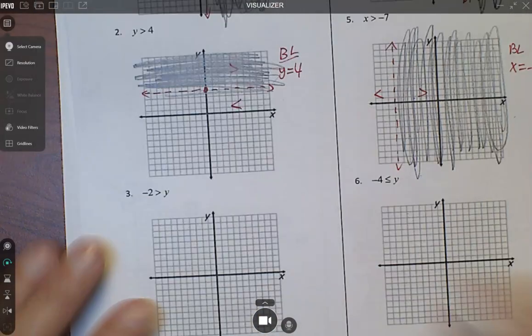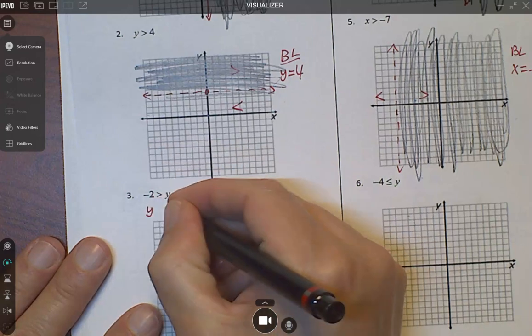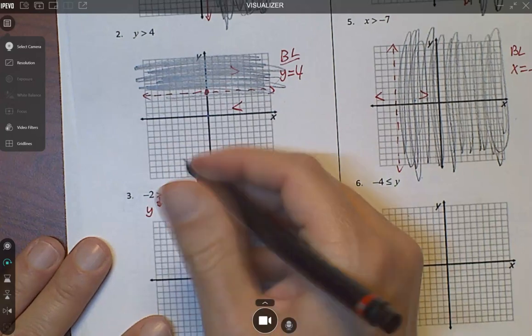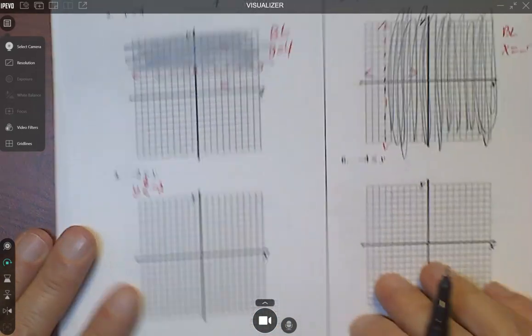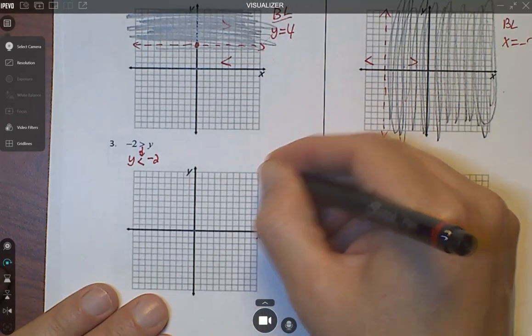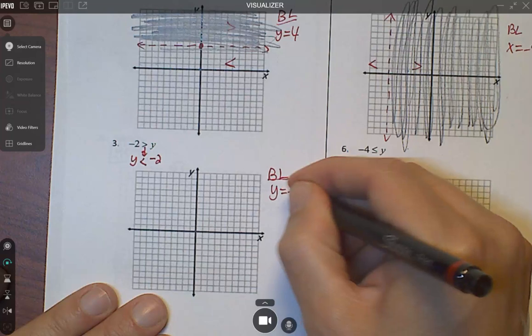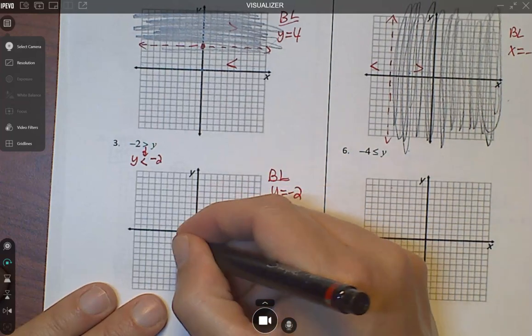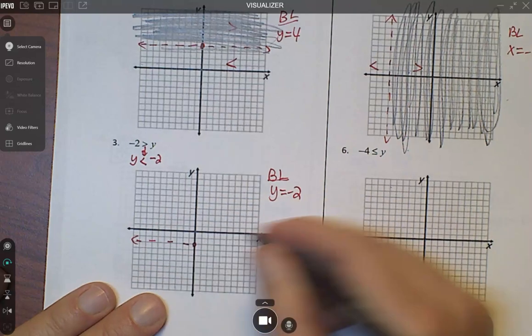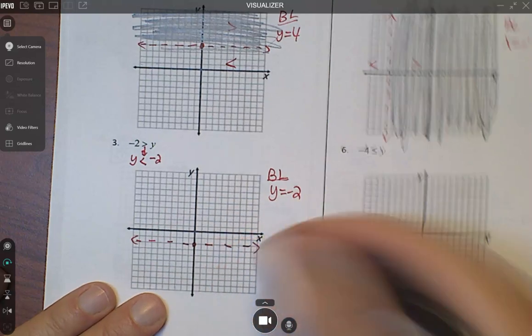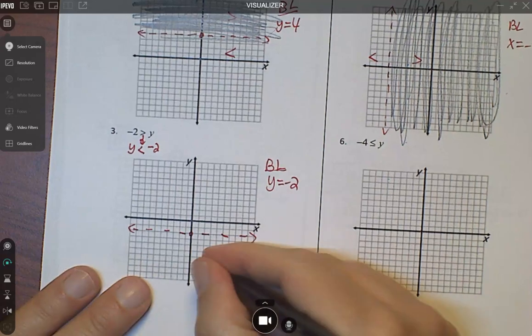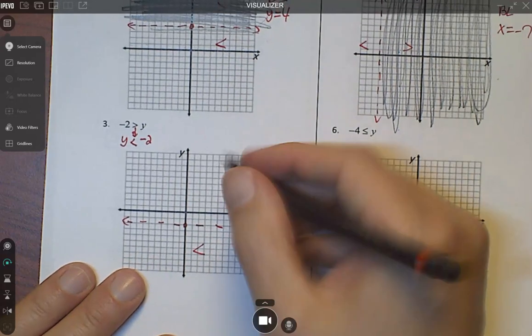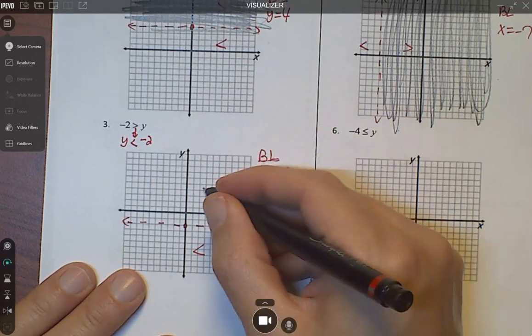Okay, this one, I gotta flip it to make my little chart work, because the y's have to be smaller than -2. Boundary line. Dash. Okay, if I look at any ordered pairs down here, they've got a y that's less than -2.